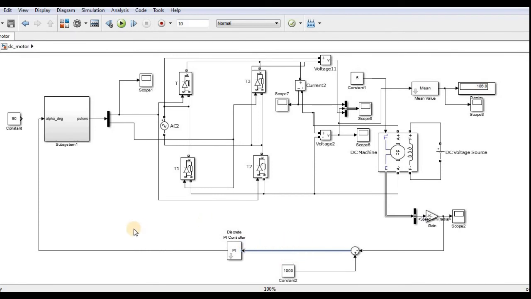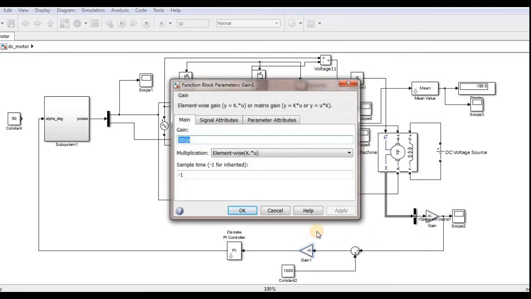If more positive, then more output will come after the PI. If more output, I mean a higher value of alpha, it will give a very low value of speed. So inversely proportional. But I want a higher value of speed. So I will make one negative over here. See, minus 1.